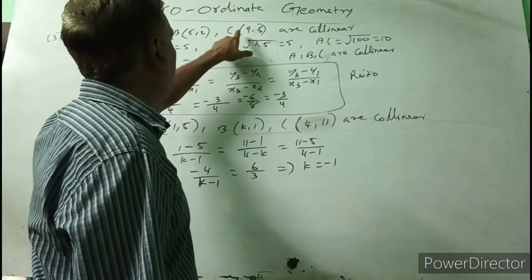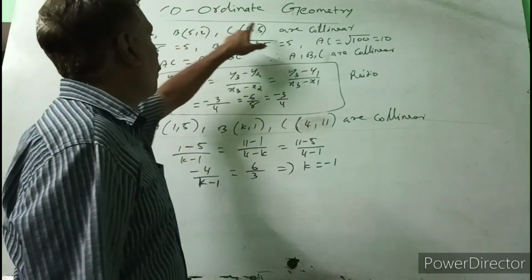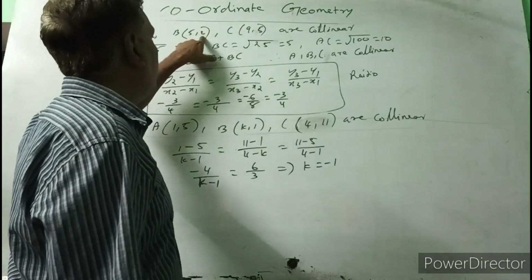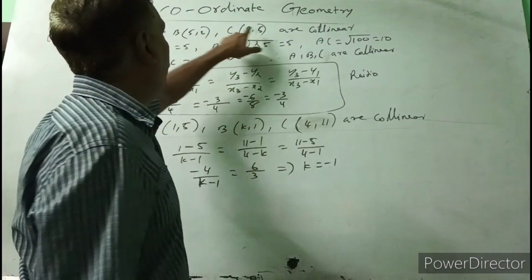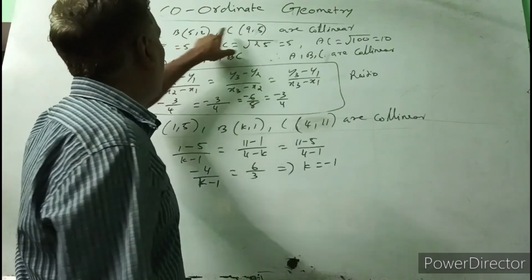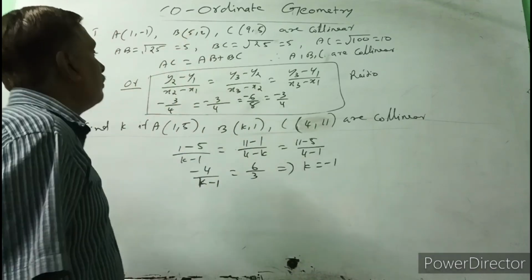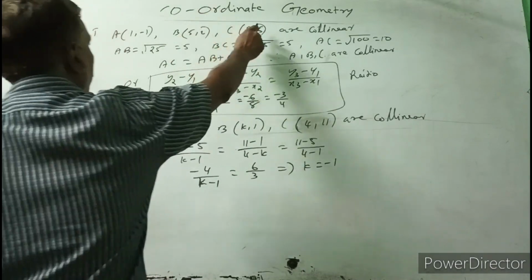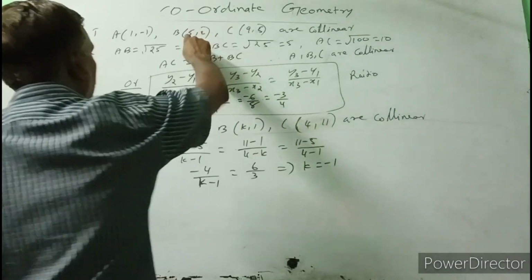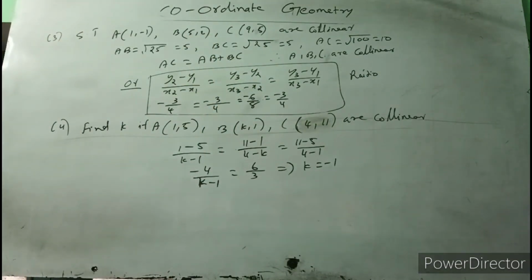Similarly, if I take this one and this one, 5 minus 2 divided by 9 minus 5. Minus 3 by 4 is coming.